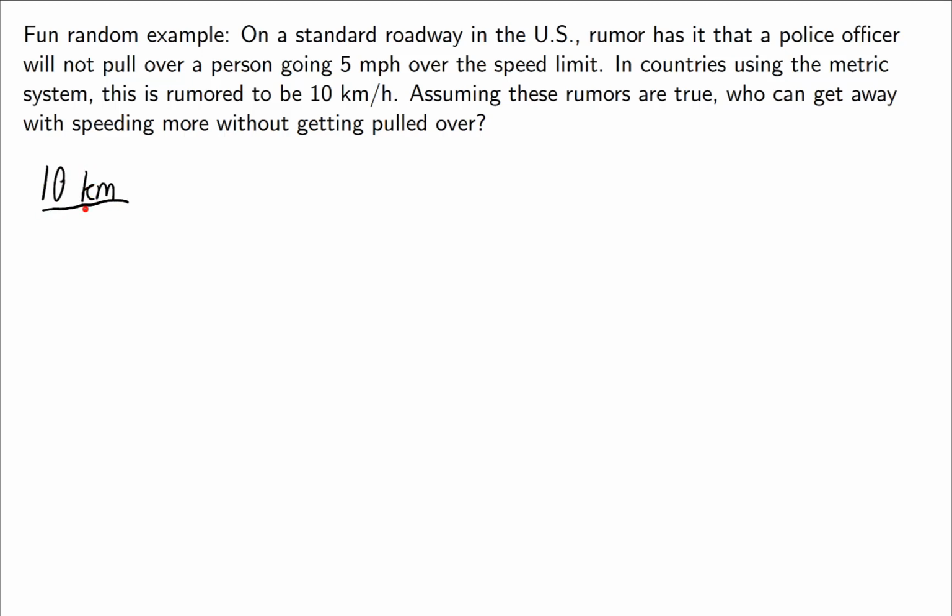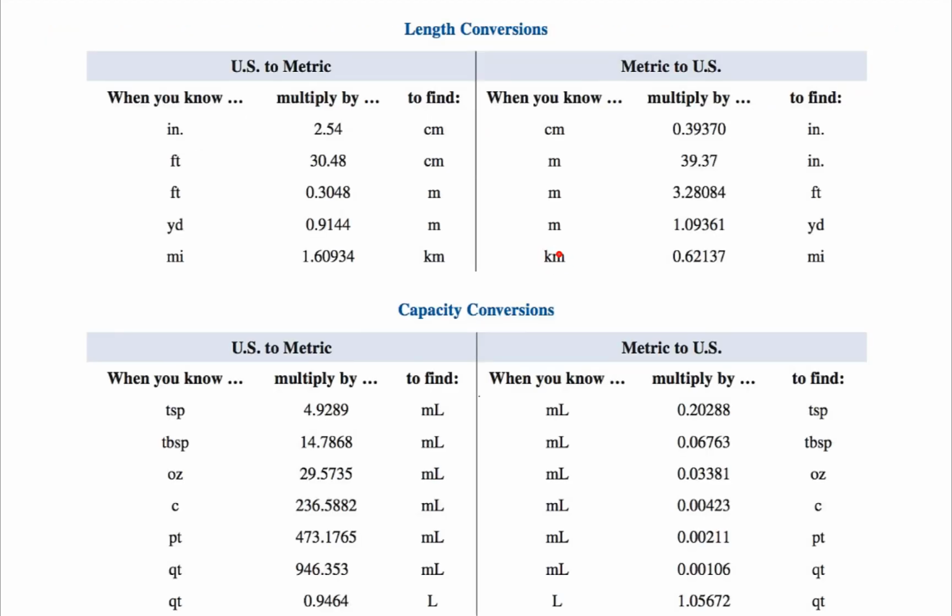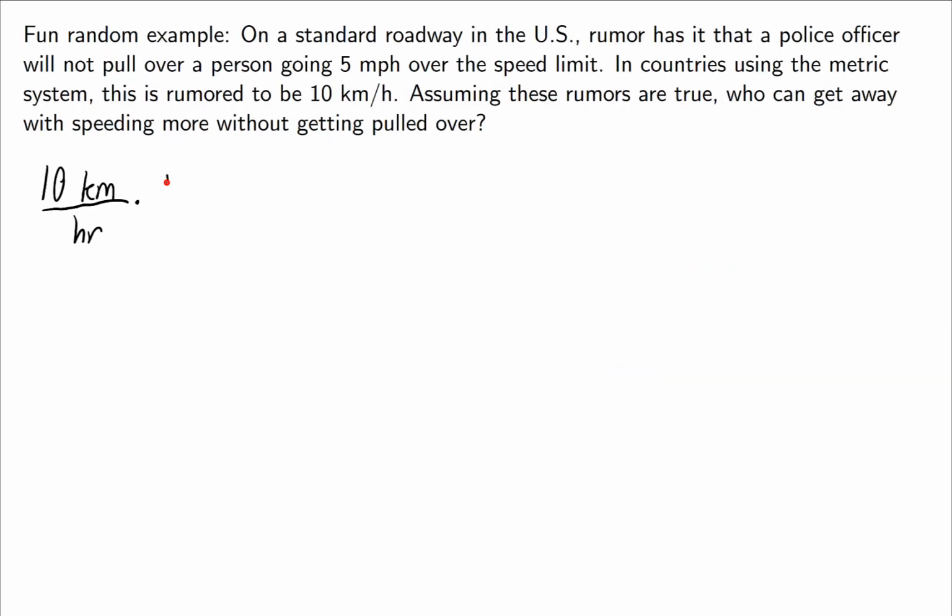10 kilometers per hour, you could write like this. So really all I have to do is the conversion from kilometers to miles. Kilometers to miles, we'll need to multiply by 0.62137. So we'll do times 0.62137. This is the number of miles in a kilometer.